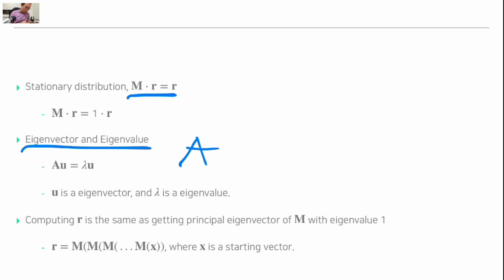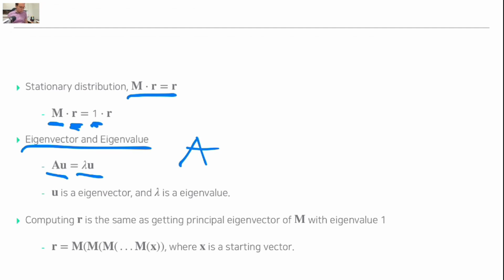So this is the definition of the eigenvector and eigenvalue, right? Considering this is our input, R is the eigenvector, and 1 is the eigenvalue, right?